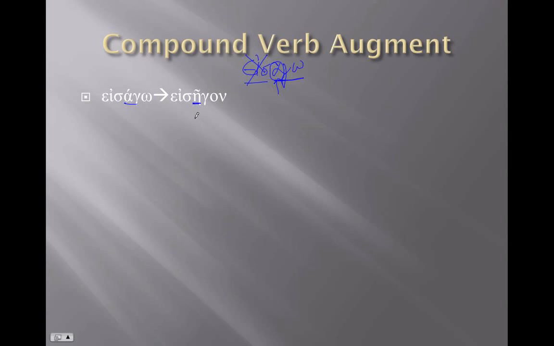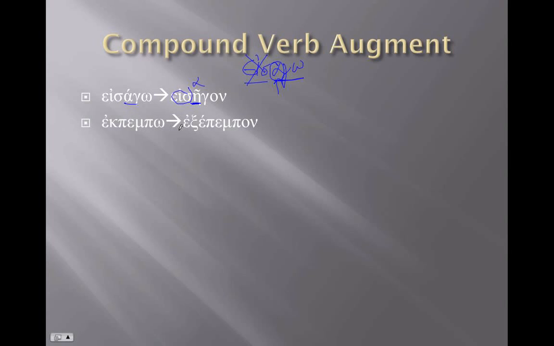So we've augmented that. So in order to recognize what this was originally, you have to take off the prefix, realize this is an augment. Well, what can augment into an eta and alpha? So we have eis ago.